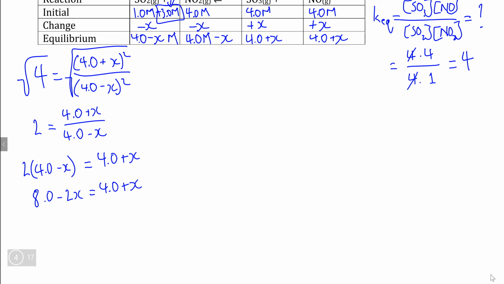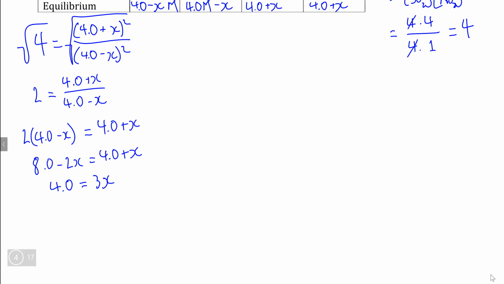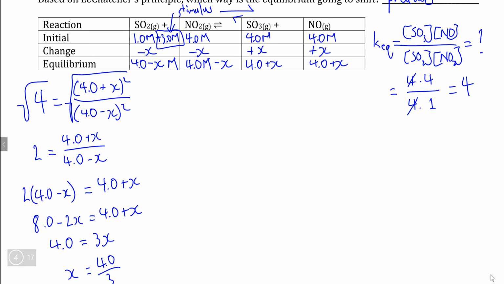So we're going to move all of our x terms to the right and all of our constant terms to the left, which means we would have 4.0 is equal to 3x, which means that if we divide both sides by 3, x is equal to 4.0 divided by 3, and all that we have to do now is put them into our equilibrium concentrations.